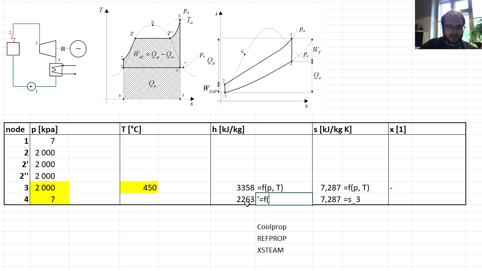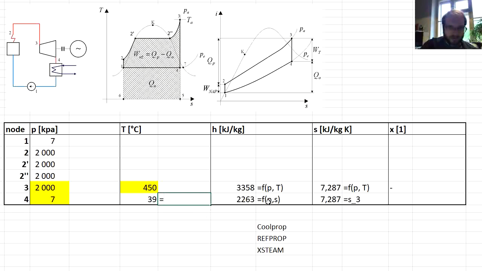Now it would be a function of the pressure, which we have in here, and of the entropy, because we assume the isentropic expansion. And the temperature that we got, we estimated as approximately 40 degrees C. If we get more precise values, we get that the value is 39.